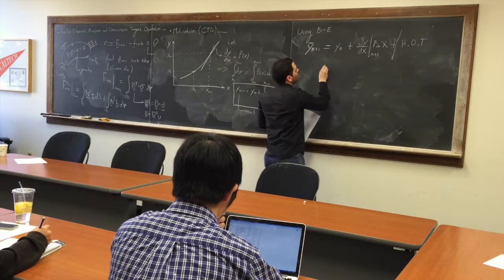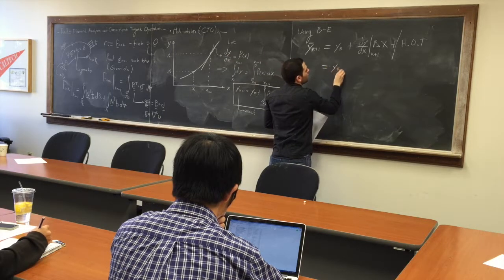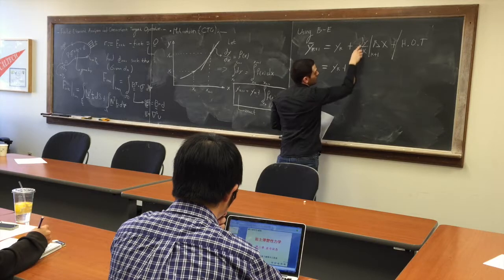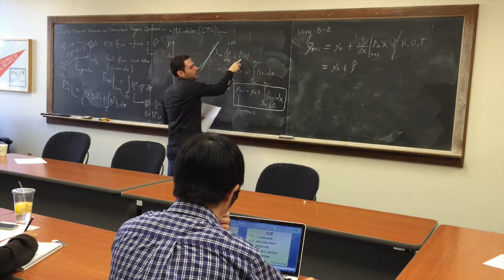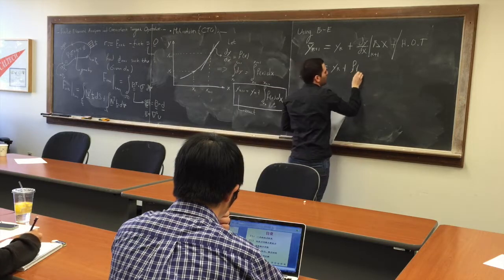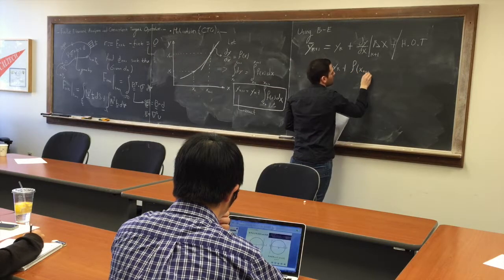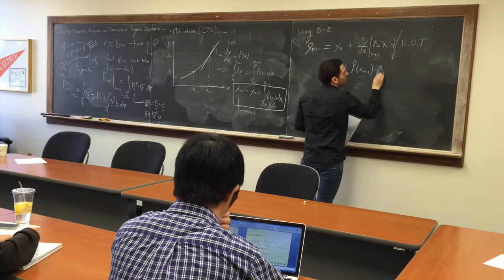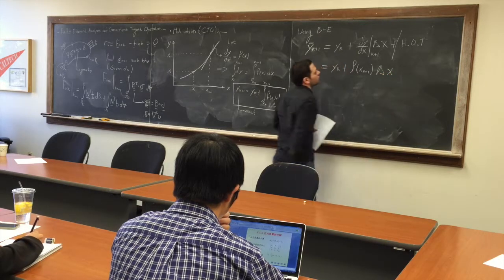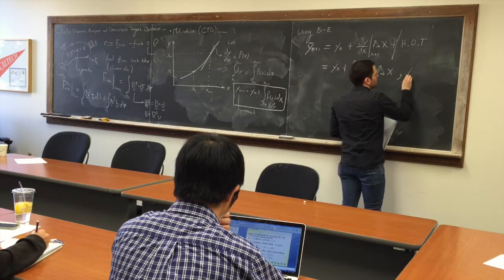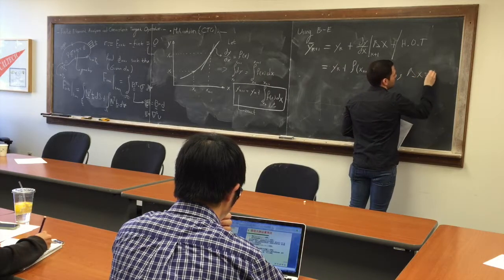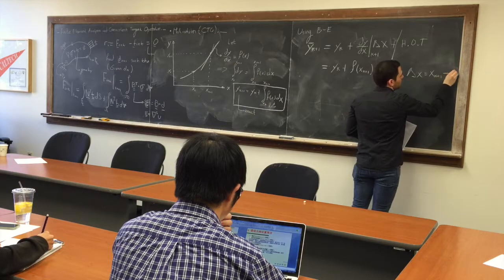We can rewrite it as this is f of x evaluated at xk plus 1 times delta x. What is delta x? Delta x is equal to xk plus 1 minus xk.